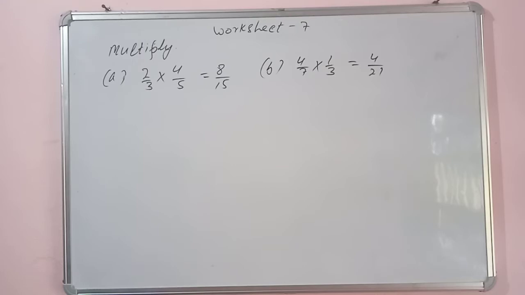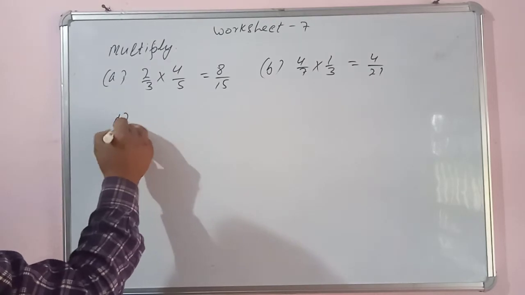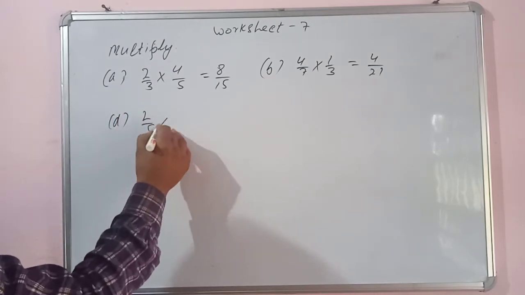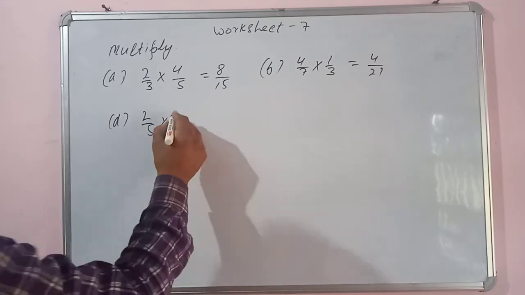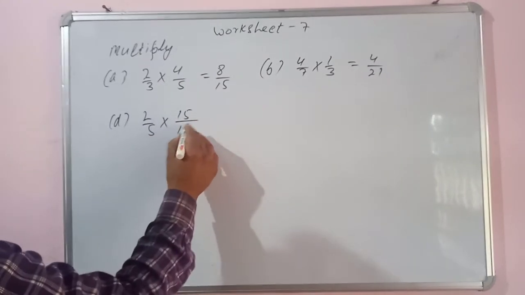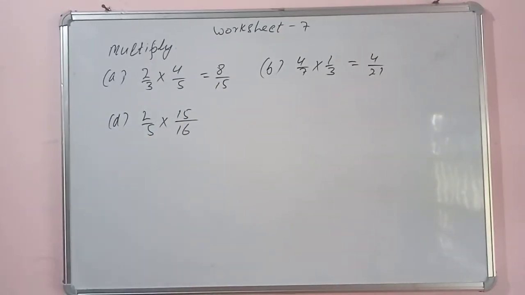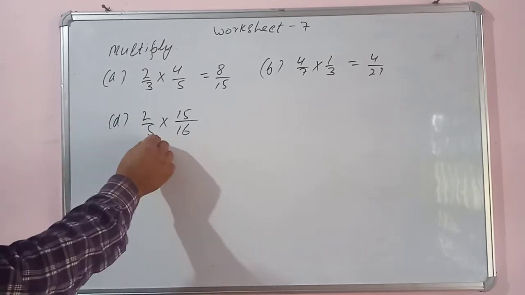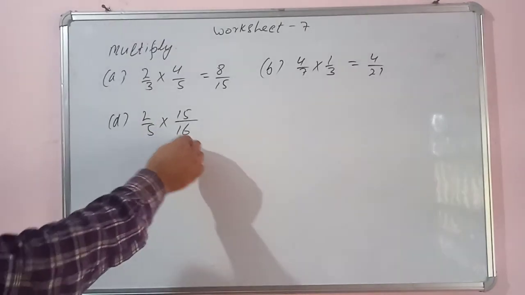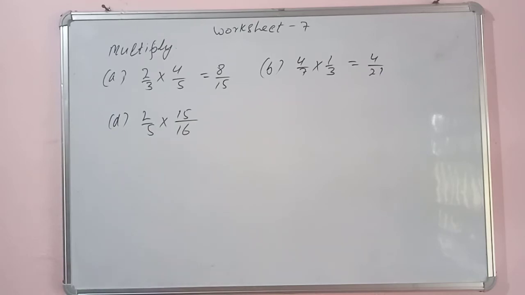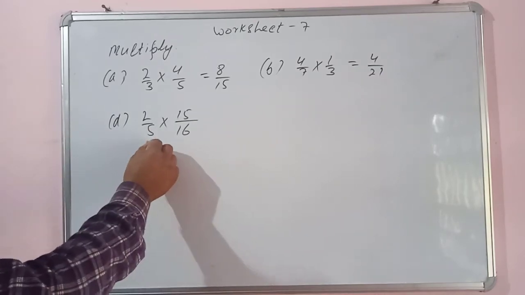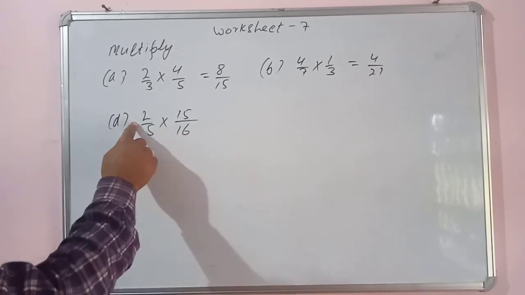So next we have another part, that is part number D, it is 2 by 5 multiply 15 over 16. First of all see whether 5 or 16 is divisible by 2 or not. So 5 is not divisible by 2, but 16 is divisible by 2.